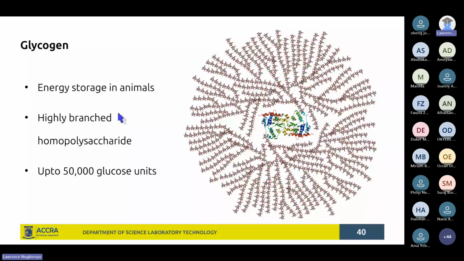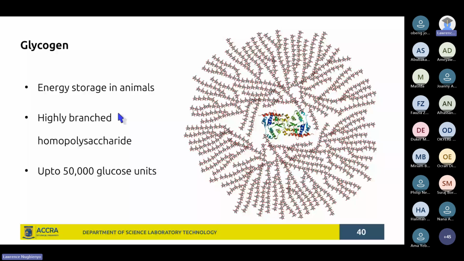The branches that come on those will be tier 2, and the ones that come on those branches will be tier 3. And you can have up to 12 tiers. And in those 12 tiers, each of the branches will consist of about 12 to 14 glucose units.